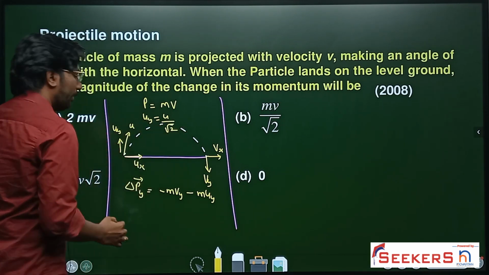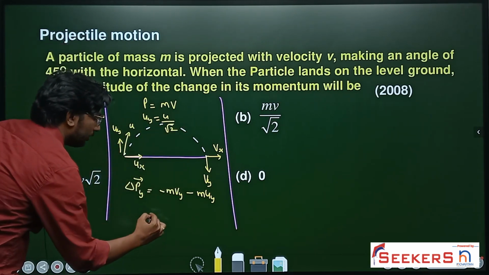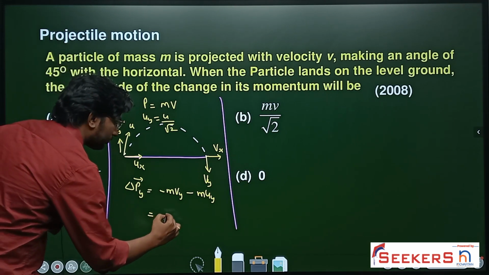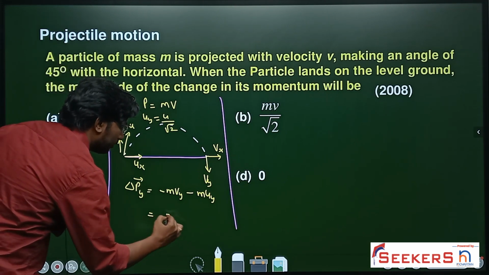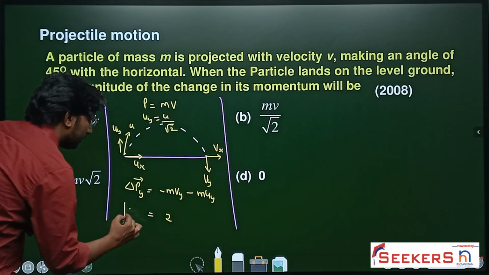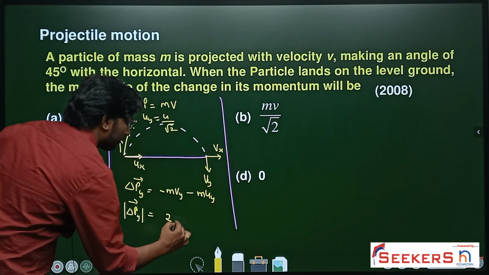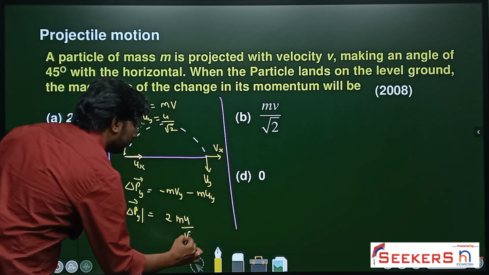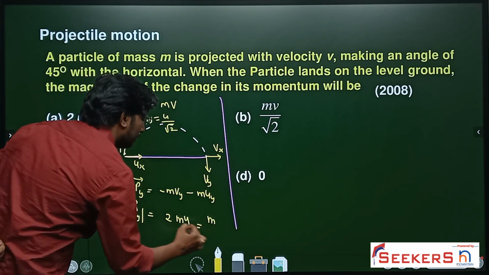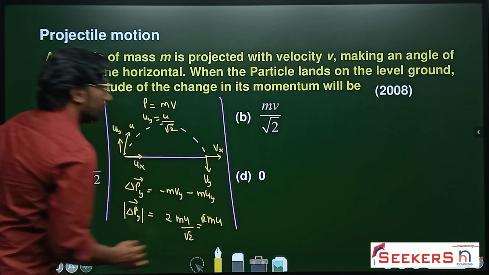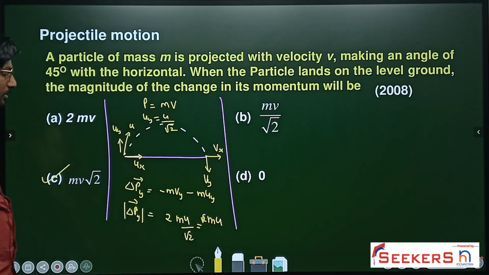So uy is u by root 2. So if you observe this entire quantity, you can directly write it as 2 times uy, the magnitude of change in momentum. 2 times mu by root 2, or we can write root 2 mu, which is option C.